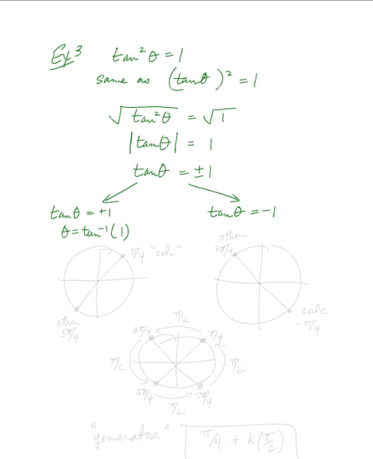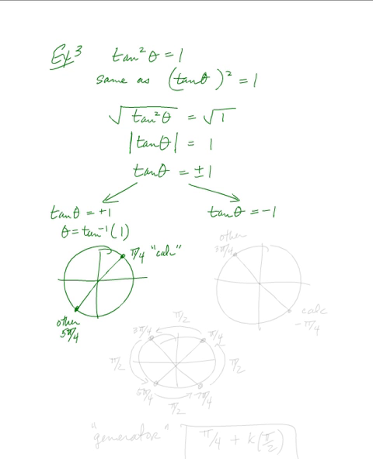If you ask the calculator that, it will give you a decimal answer for pi over 4. But essentially, you're here. The other solution is going to be over here at 5 pi over 4. And this will be the calculator solution if you put it in there.